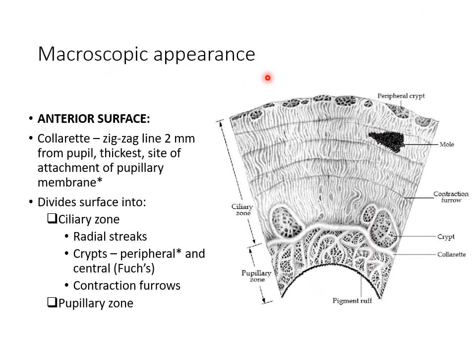Now, the gross appearance of the surface of the iris. This is the anterior surface. On the anterior surface of the iris, you will first see a clear demarcation, a zigzag line, which is known as the collarette. This zigzag line is the thickest part of the iris, and it is the site of attachment of the pupillary membrane.